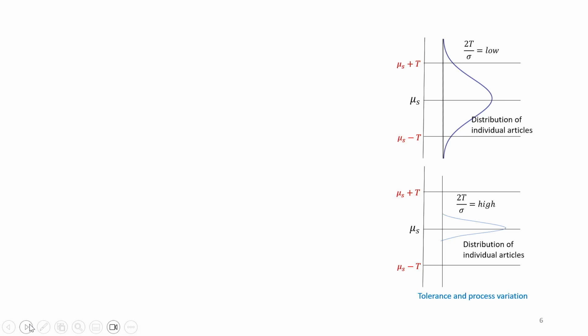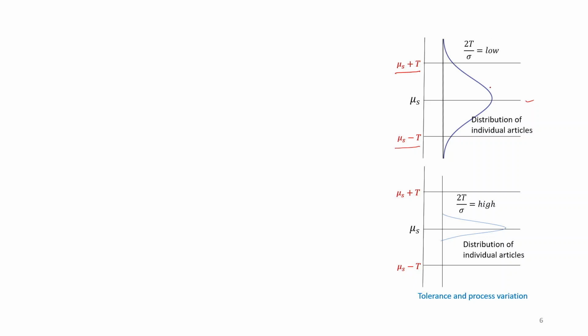Here you can say we have a process whose mean is lying here, that parameter whatever theta is, and then we have put the upper tolerance mu s plus t, which is here, and mu s minus t, which is here.